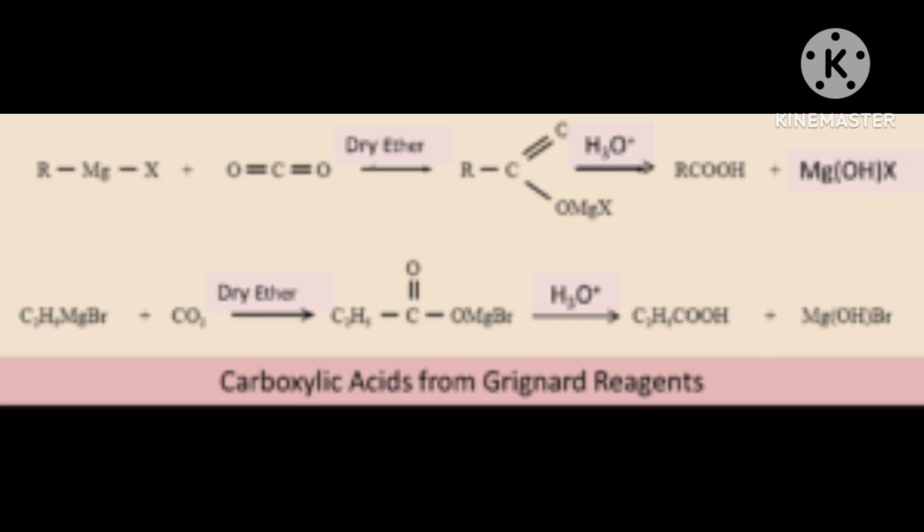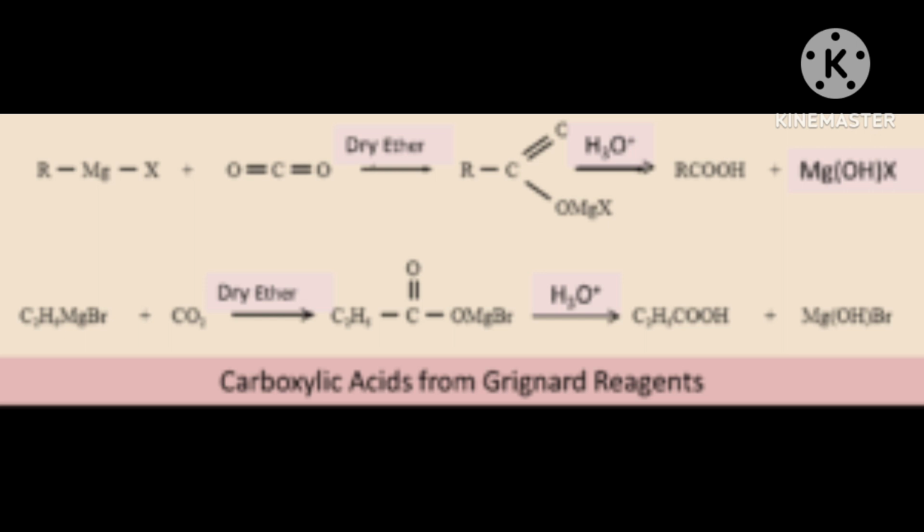Mg now has two bonds, one with X and the other with O. Because O negative joined with H, an OH bond formed, and that O is joined with Mg. Means OH is joined with Mg, that is OHMgX. Correct? That you will get as the side product.